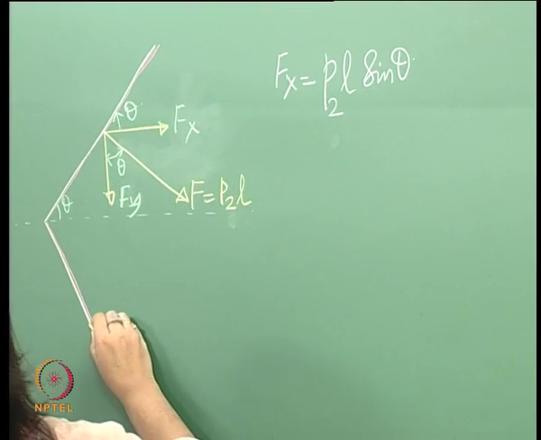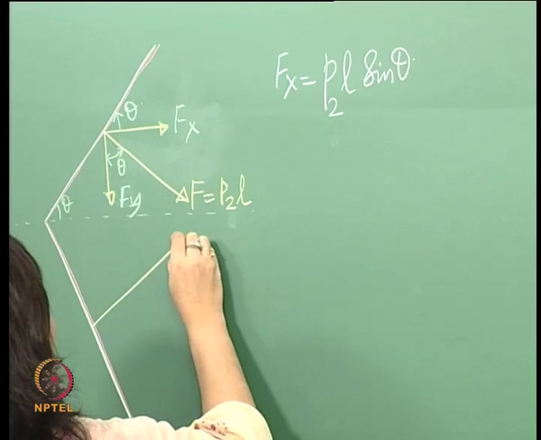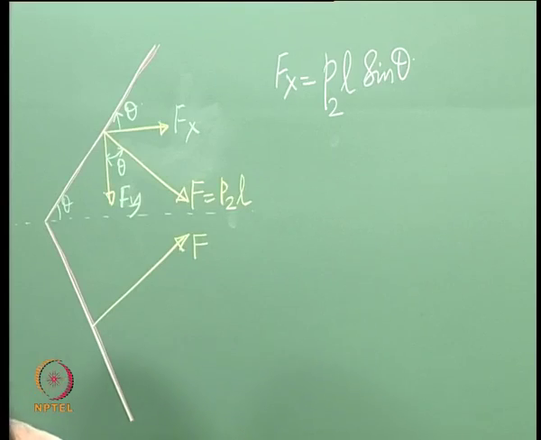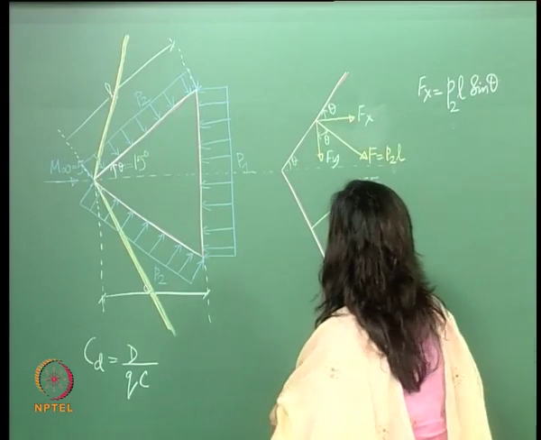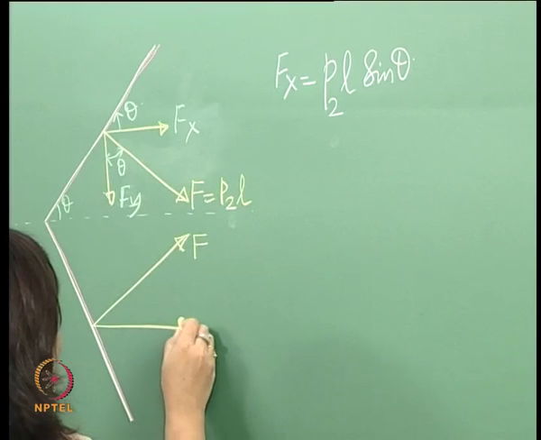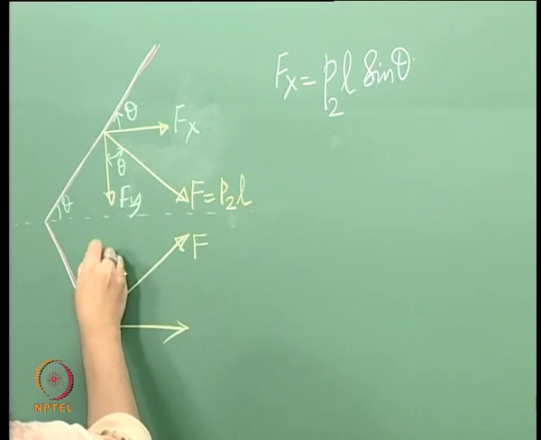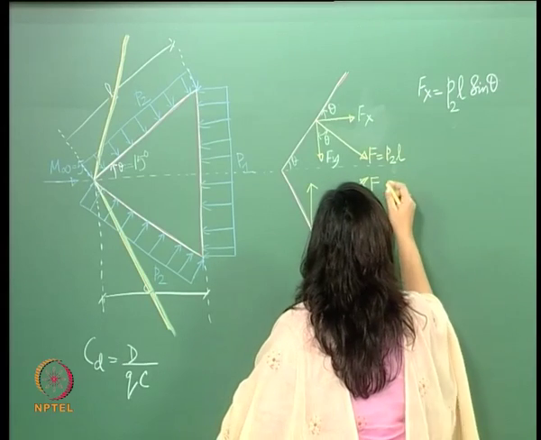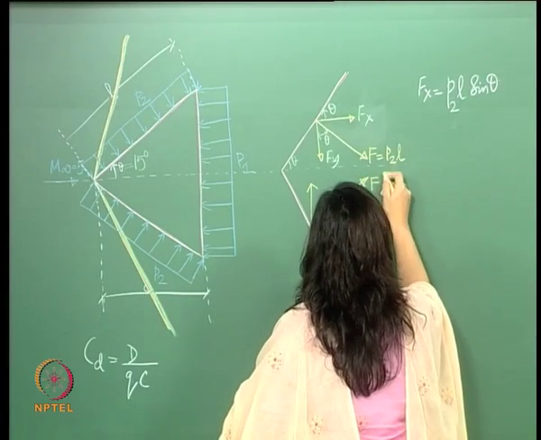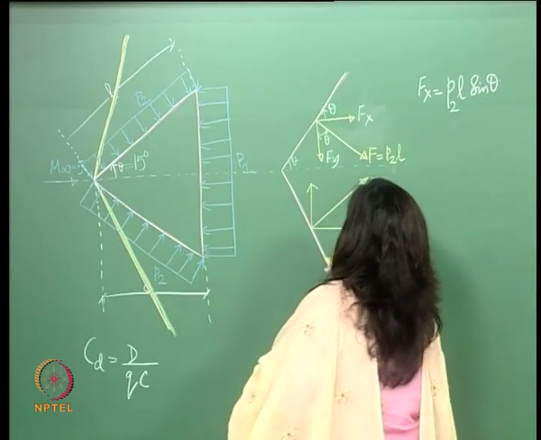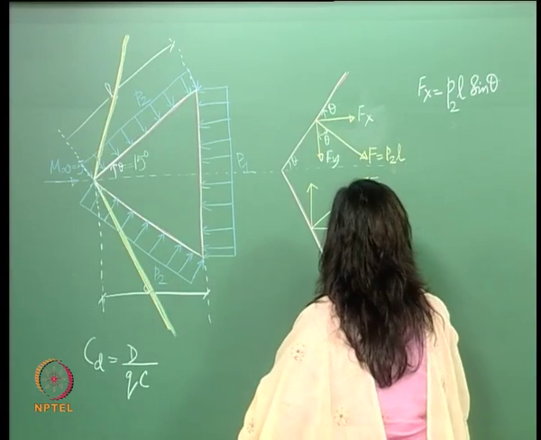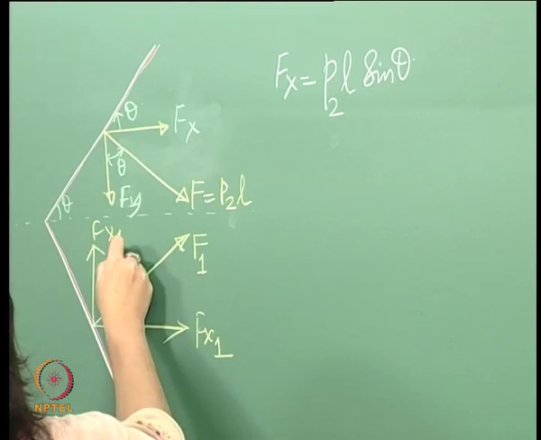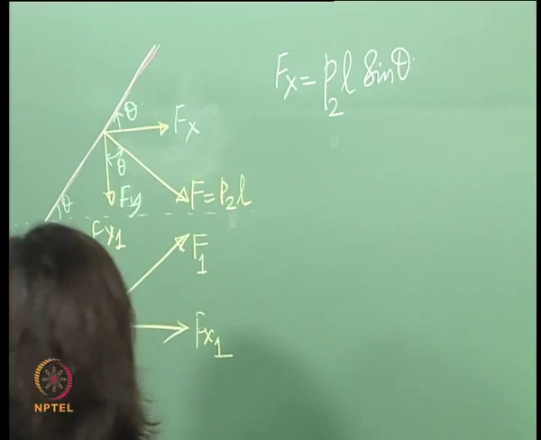So here also, let's call this again F. This is also going to be F, or let us say this is going to be F1, compared to that, and this is going to be Fx1 and Fy1, right? Is that right?